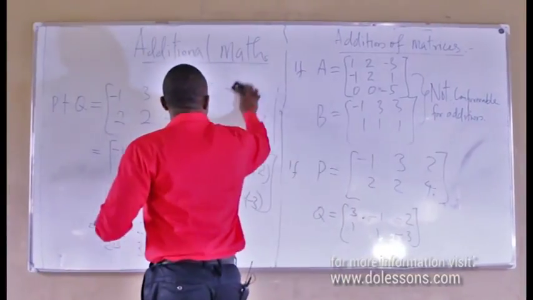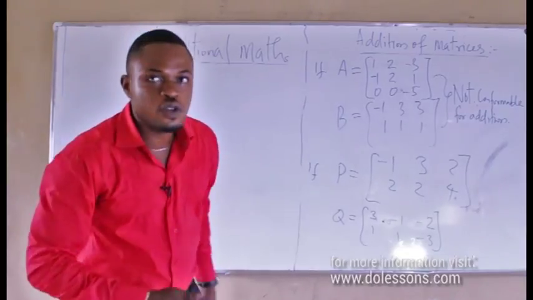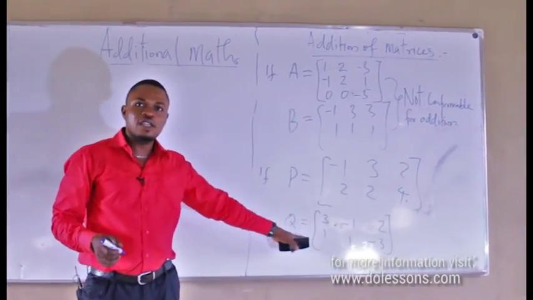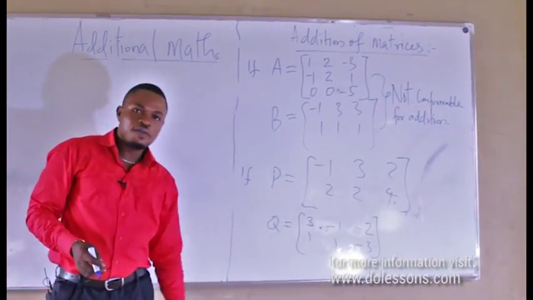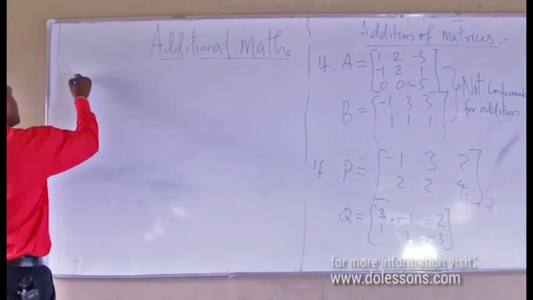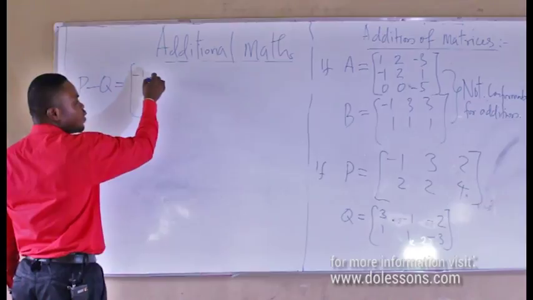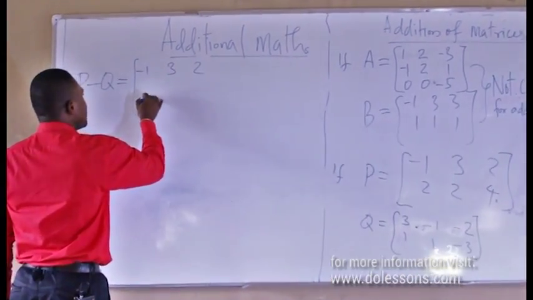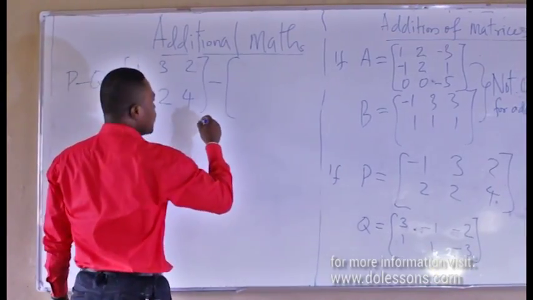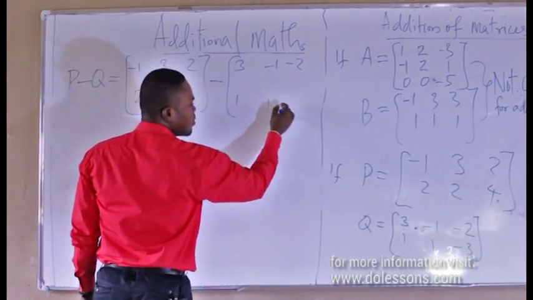In a similar way, subtraction can be done. If you want to subtract two matrices, say matrix Q from matrix P, we still consider these matrices. So P minus Q is equal to matrix P, minus 1, 3, 2, 2, 2, 4, minus matrix Q, which is 3, minus 1, minus 2, 1, 1, minus 3.